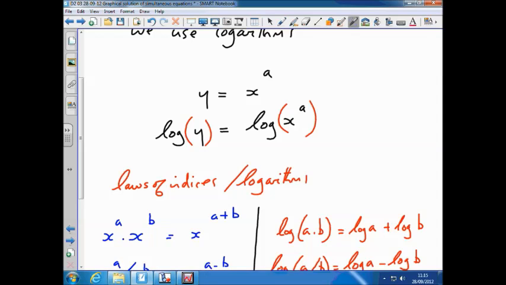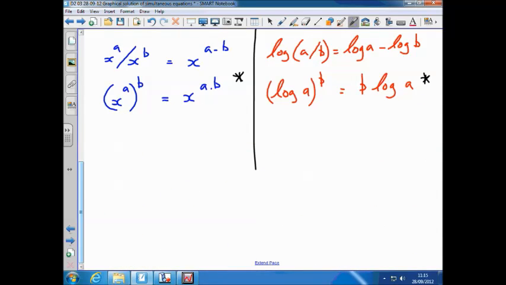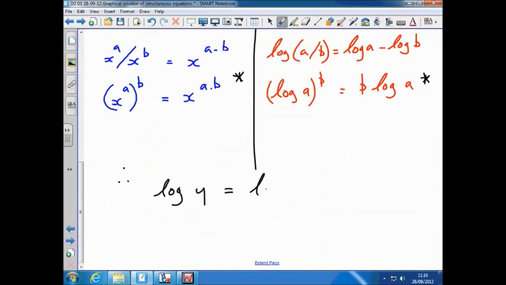So therefore, the log of y equals the log of x to the a, which becomes the log of y equals a times the log of x.